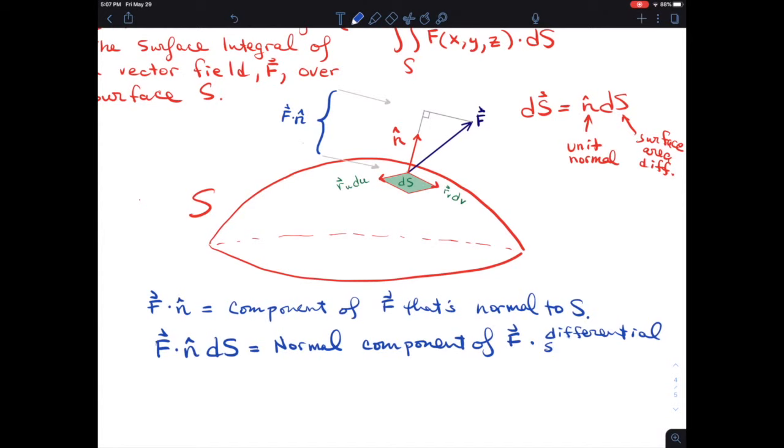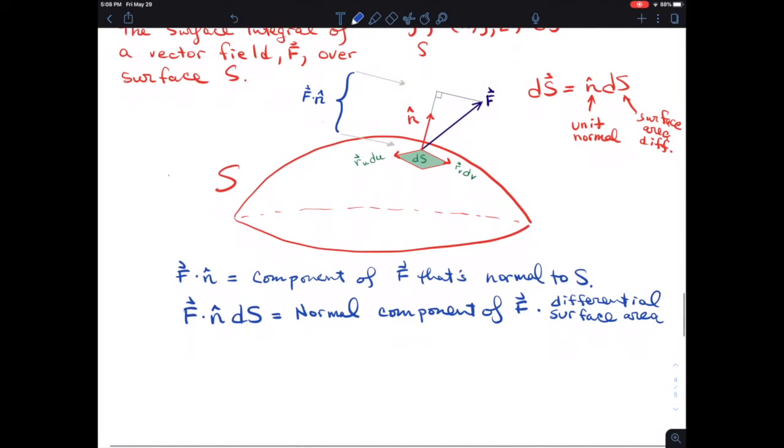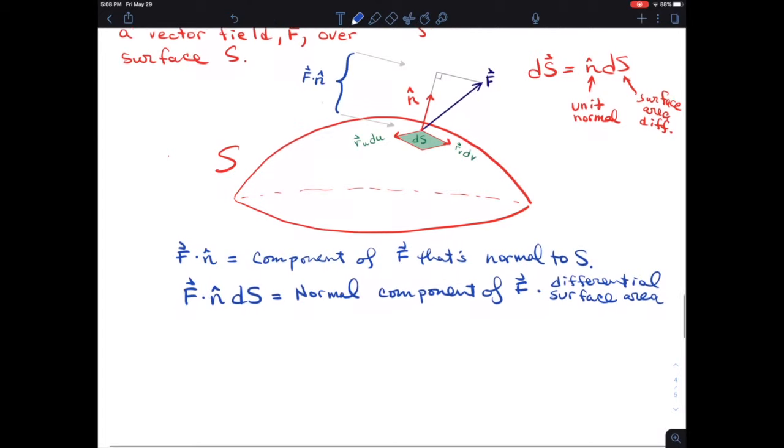Okay, and this is called the flux differential.